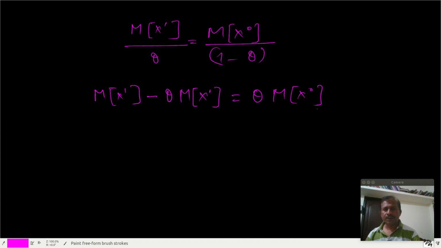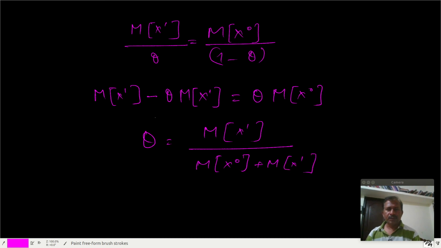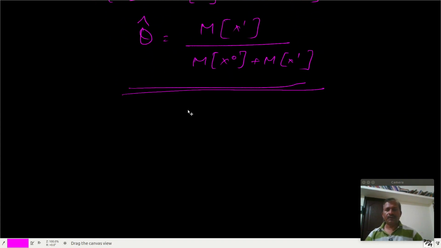This part goes to this side and becomes plus, so theta will be mx1 divided by mx naught plus mx1. This is nothing but our theta hat, because we are looking for the optimized parameter theta. So this is theta hat.